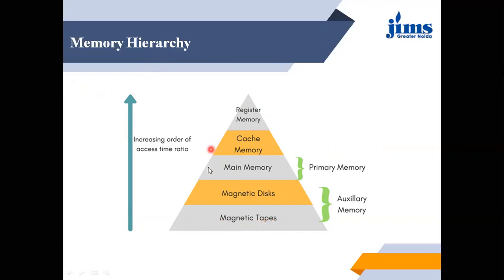In these, when we go from downwards to upwards, the cost of the memory is increasing, and the access time is decreasing, meaning when a content has to be read from or written to memory, it takes less time.